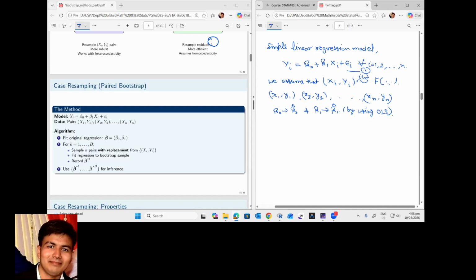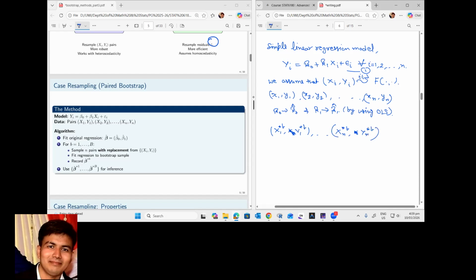This means we will generate x1 star b, y1 star b, up to xn star b, yn star b.